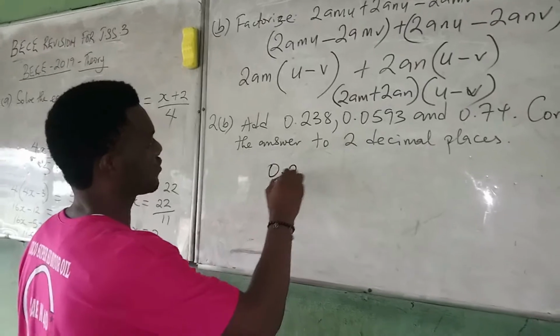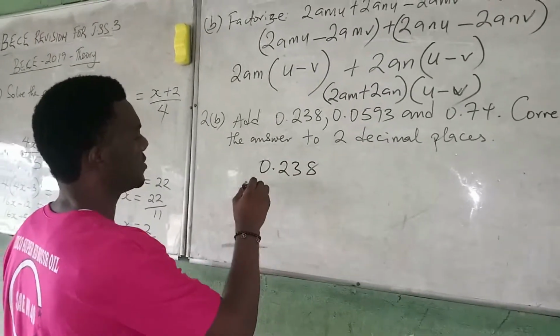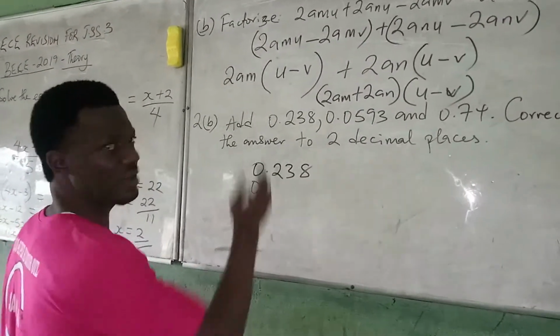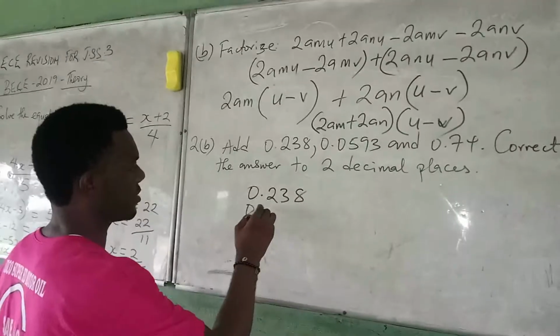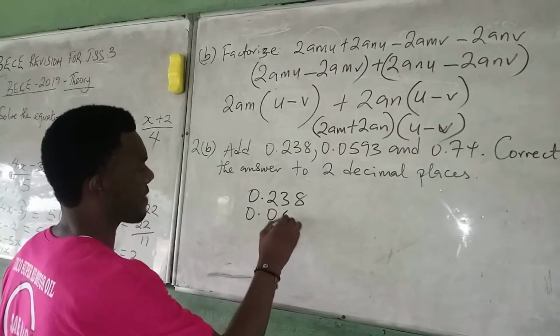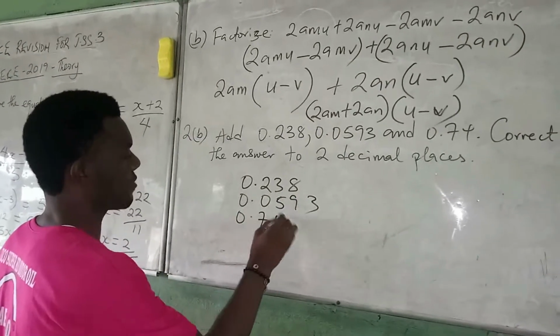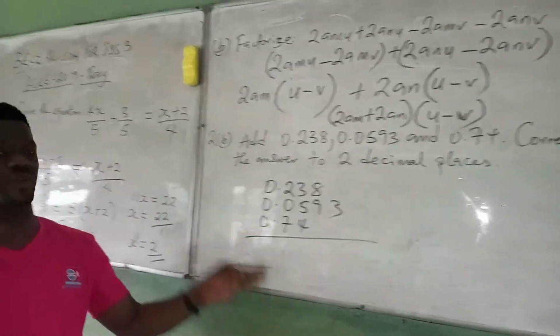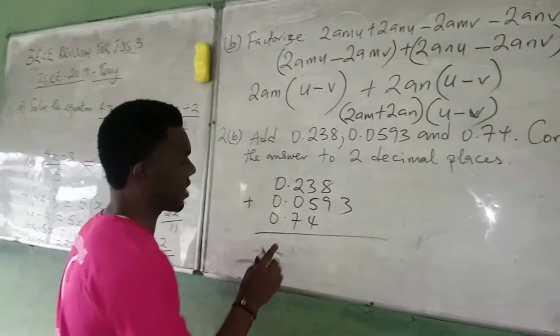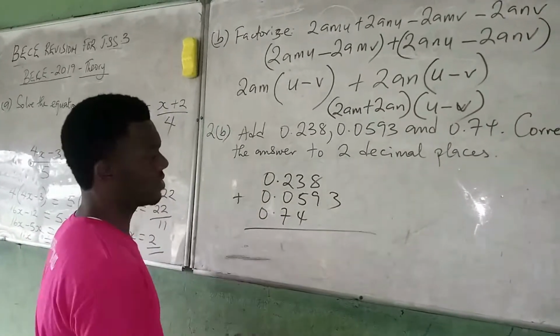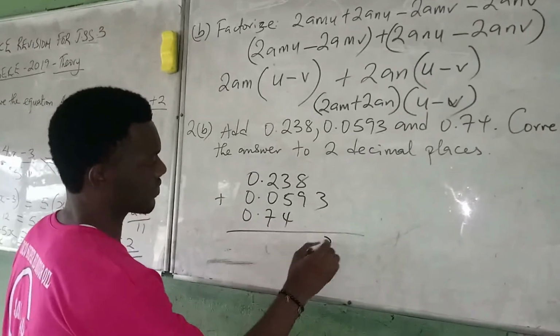Show your workings: 0.238, always maintaining the decimal point, then 0.0593, then 0.74. You see, you rearrange it in such a way that you maintain the decimal point. The decimal point will be on the same line. So you add it up. 3.